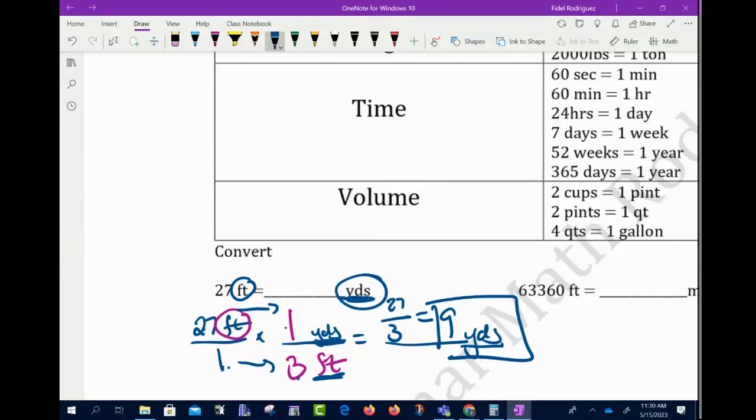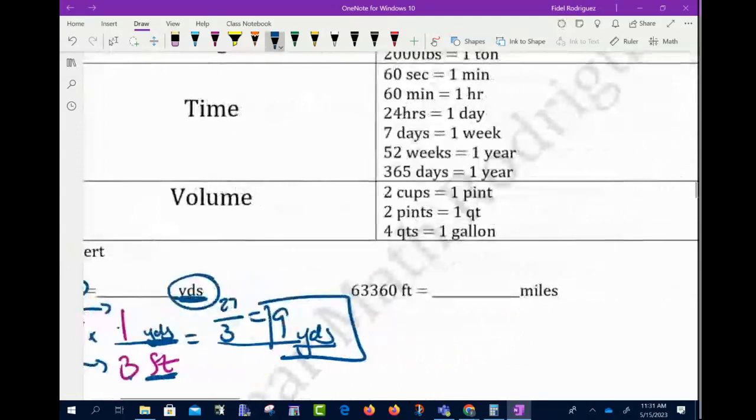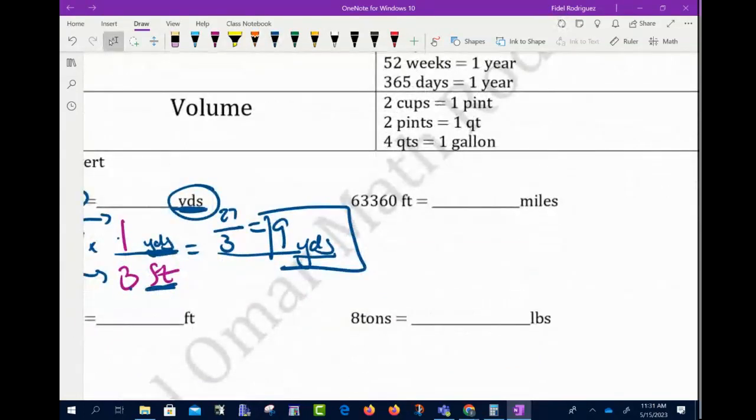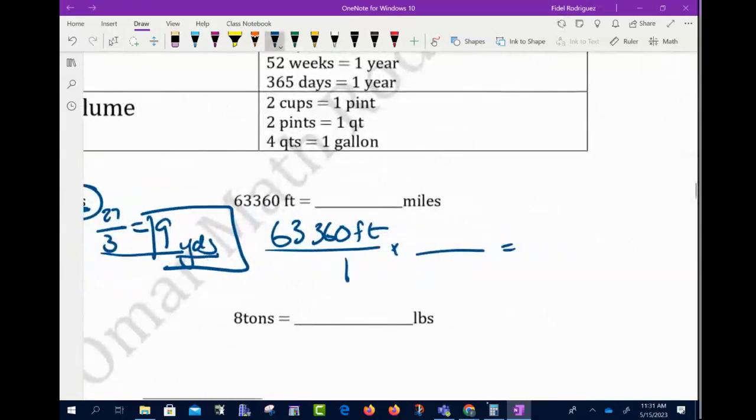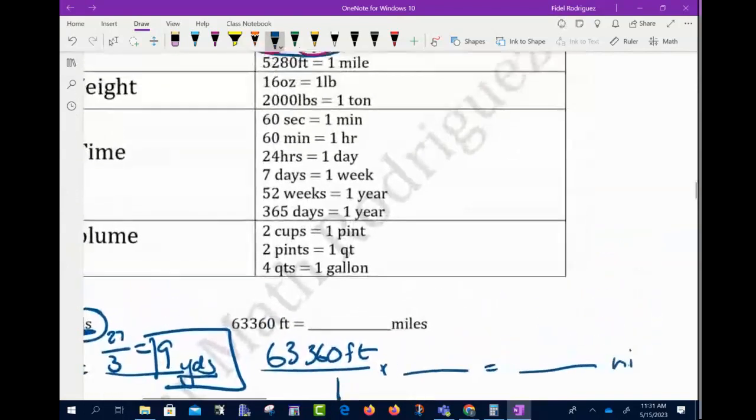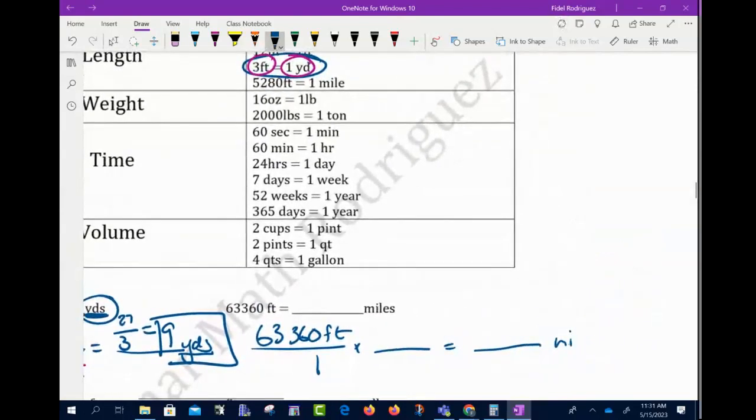Okay, look, y'all, let's do the same thing for this next problem right here. First thing I'm going to do, y'all, 63,360 feet. I'm going to write this over 1 times something. And I know that I want my answer to be in miles. So we have something that converts feet to miles.